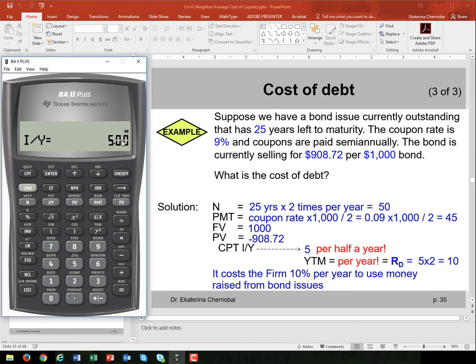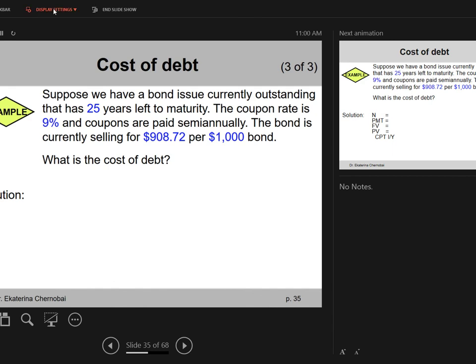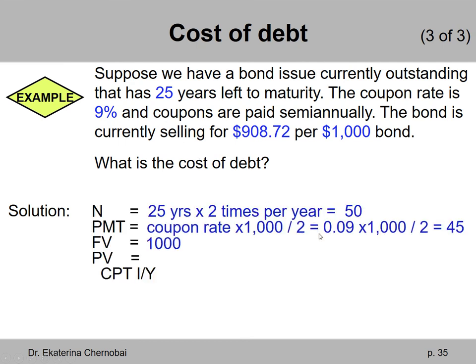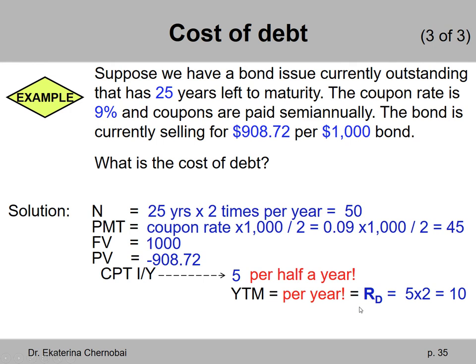And so what we need to do to get the annual discount rate or the cost of debt, we need to then multiply 5% by 2 to give us 10. So 10% per year is the cost of debt in this problem.